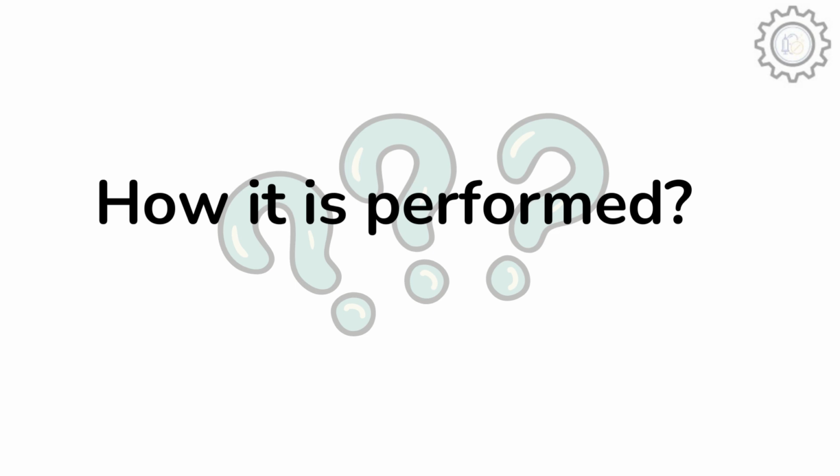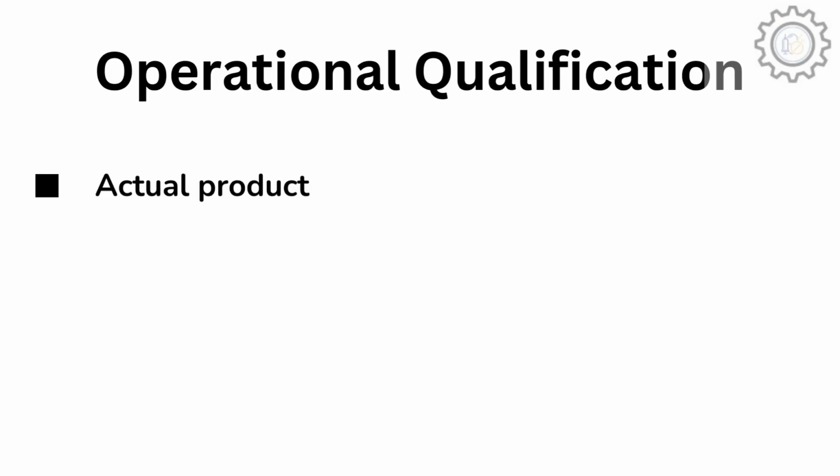So, how is operational qualification performed? In operational qualification, equipment is run with the actual product for which the equipment is designed and manufactured. This is necessary because if equipment is not operated with actual product, the equipment will not go through real stresses and difficulties.